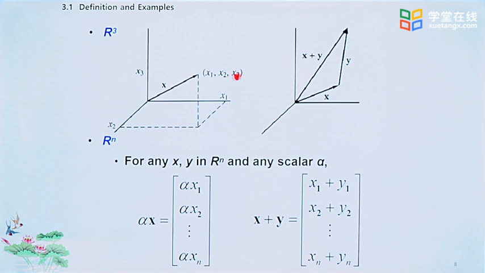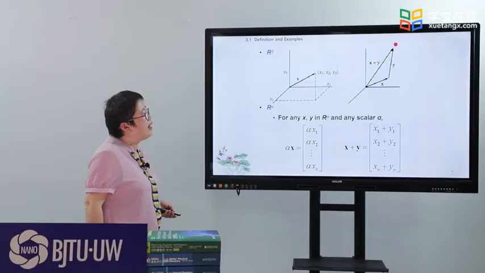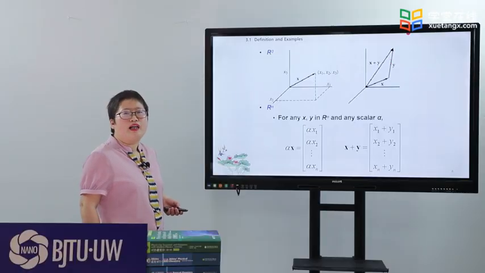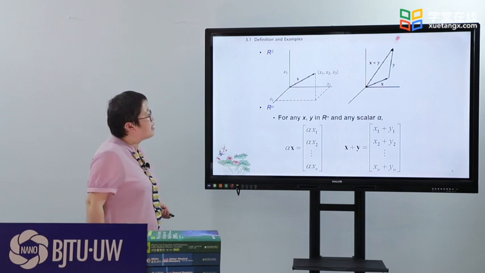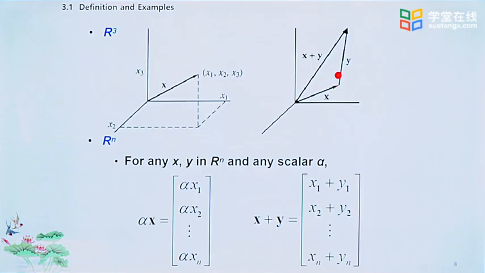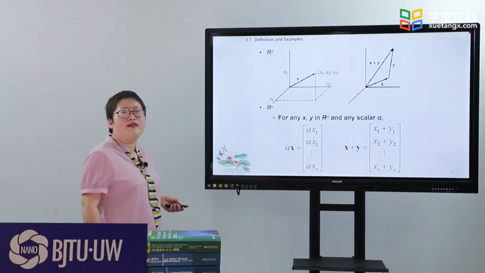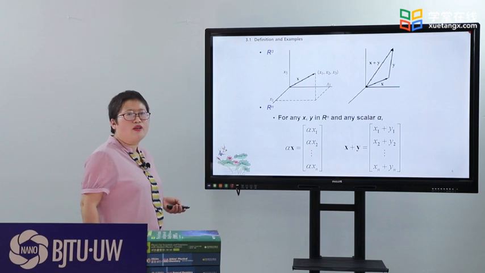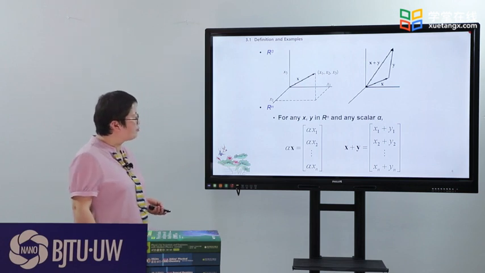Similarly, you can get x2 and x3. Given a vector x and a vector y, if we want to know the new vector x plus y, you just draw x here, and from its endpoint, you draw y, and then you connect the start point of x and the end point of y, and you get x plus y. Very similar, right, to the R2 space.